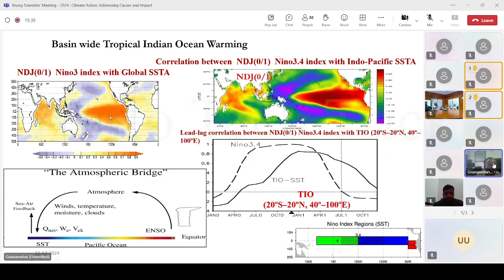Now, if you look at the first mode, which explains about 40 to 50% of the variability, this is mainly explained by El Nino. This figure is a correlation between the NDJ, November to January, Nino 3 SST anomalies and the global SST anomalies. You can see a pattern. Here you see El Nino, and you will see the corresponding warming over the Indian Ocean.